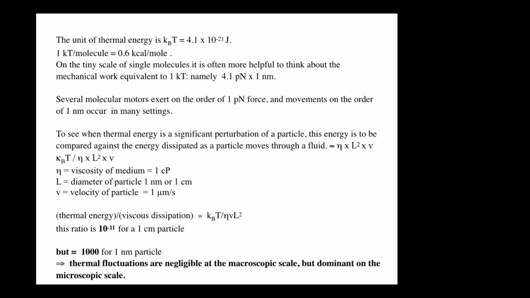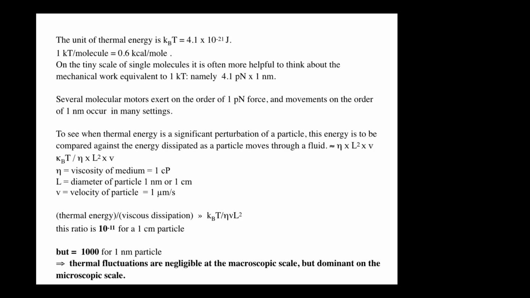Okay, so now make an estimate of how much thermal energy is available to the particle just from kT, and is that enough to overcome the viscous dissipation of a particle in water? So that's just kT divided by the viscosity times the velocity times the length squared. That ratio is tiny for a 1 centimeter particle.